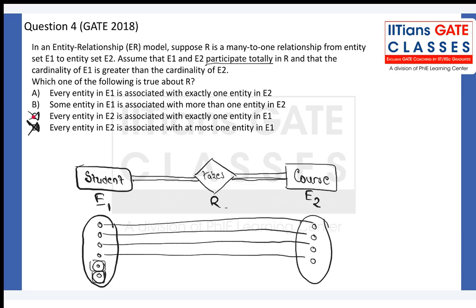Now the option D says some entity in E1 is associated with more than one entity in E2. Okay, let's do this. Let me associate this entity with this as well. Is it still total participation from E1 now?